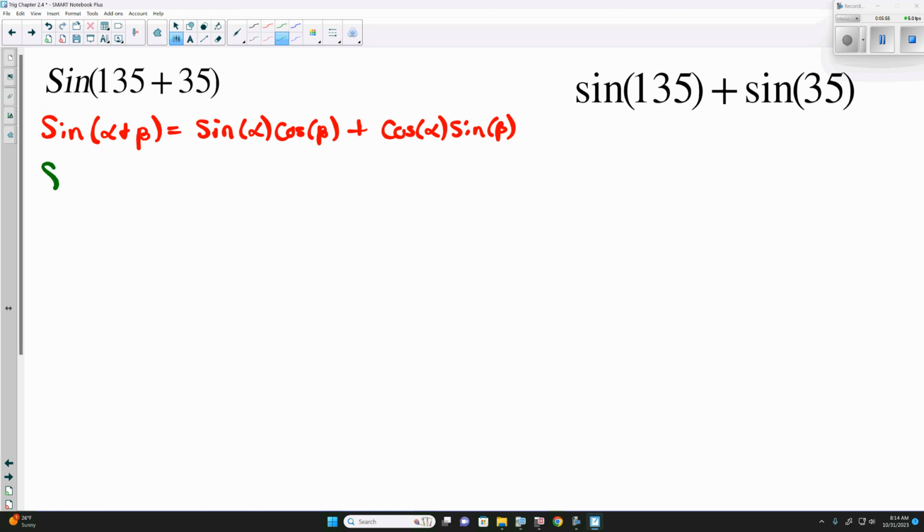For us here, we have sine of 135 plus 35. So in our case, alpha is 135 degrees, and beta is 35.